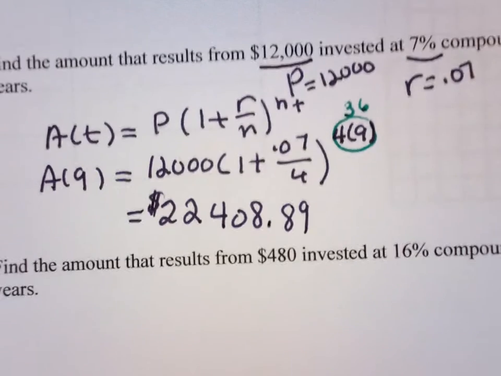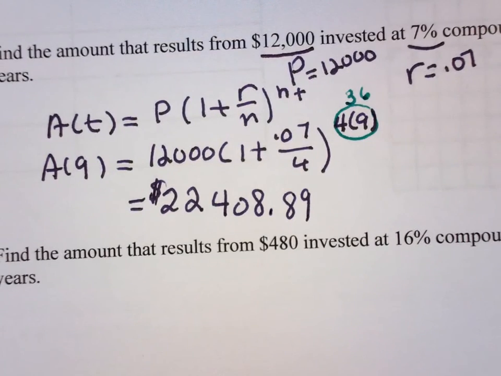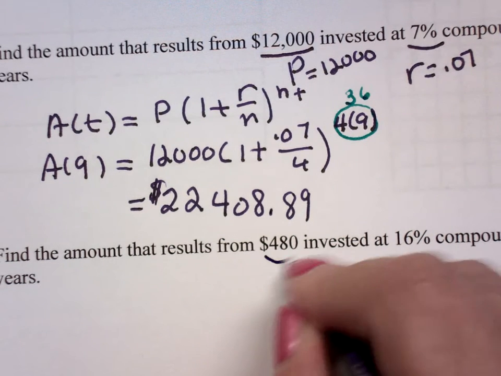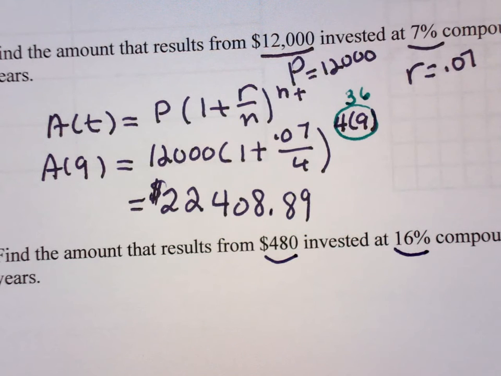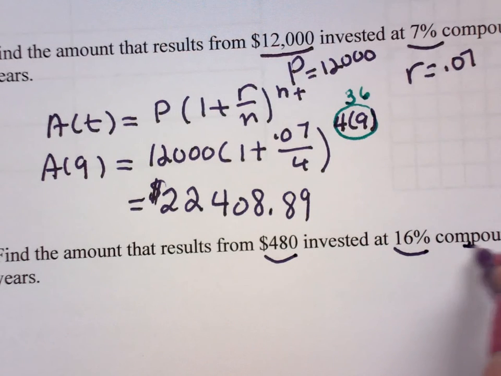Let's try again. Find the amount that results from 480, 16%, 5 years, compounded monthly.